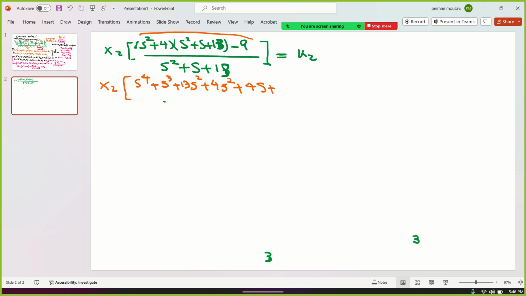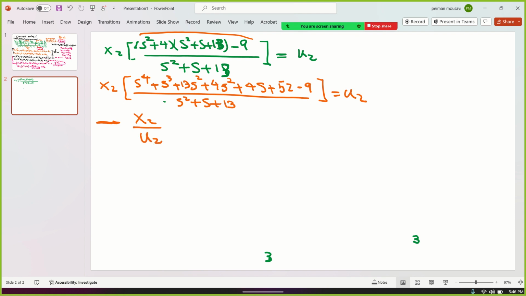How much is that, guys? 13 by 4, 52, minus 9, divided by s squared plus s plus 13 is equal to u2. So if you simplify everything, you get this transfer function.